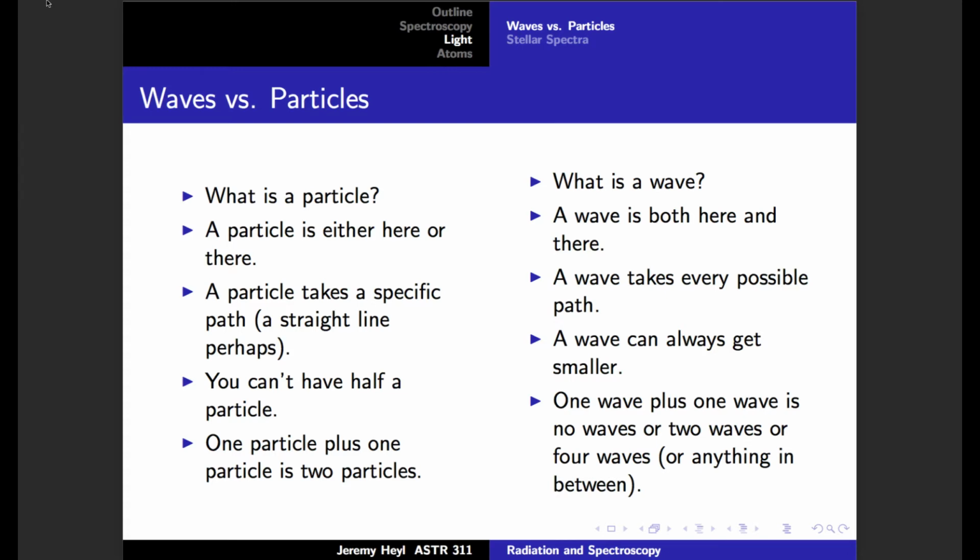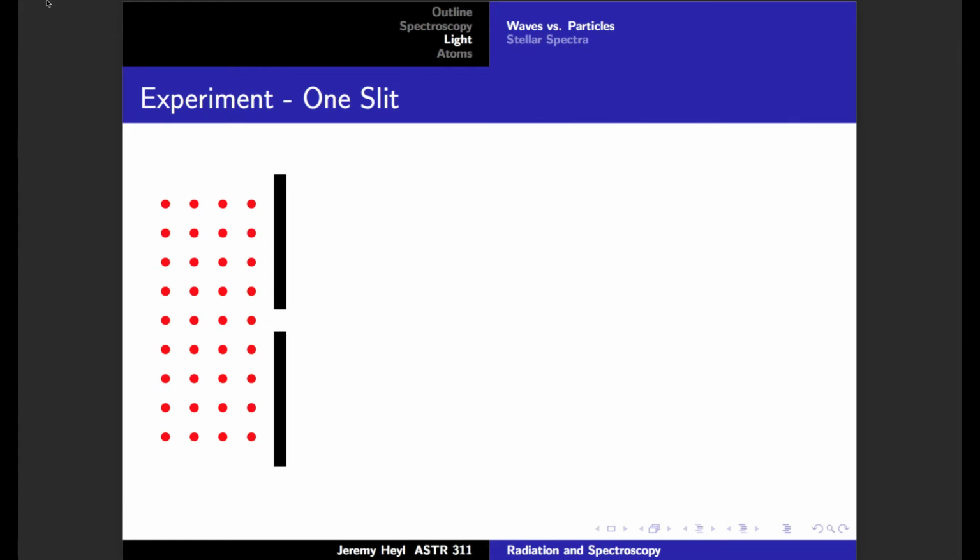But if I take two waves, depending on how I add them together, I can end up with no wave at all, I can end up with two waves, or I could even end up with something 4 times as large as the original wave. So there are some subtleties. But here we're going to think about doing an experiment in the room, and maybe we'll try it in some different ways depending on how well it works.